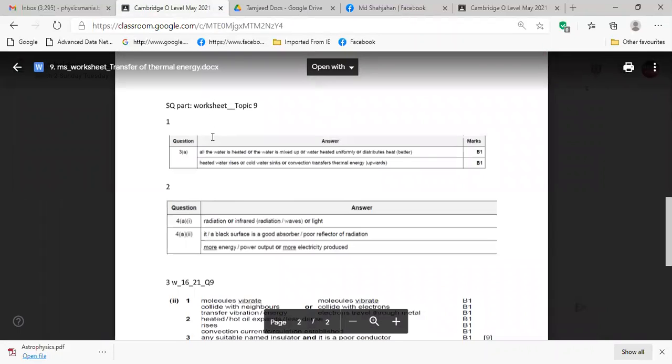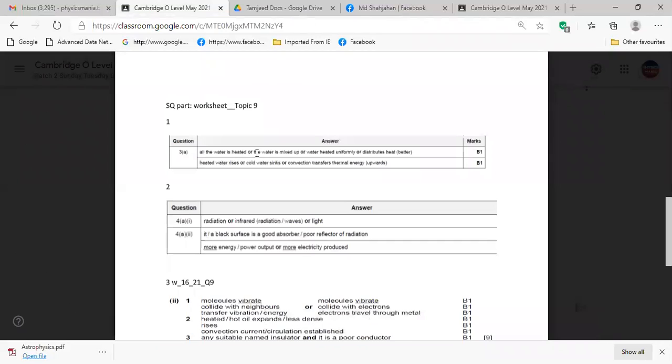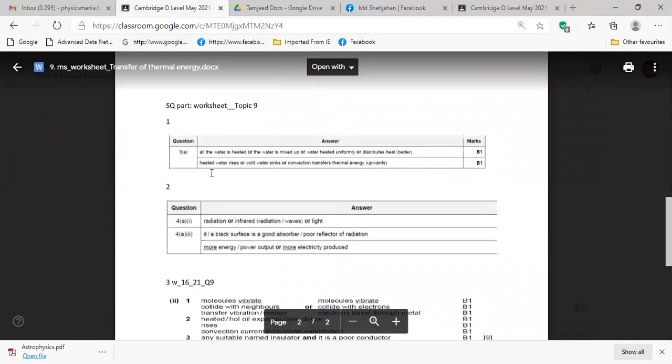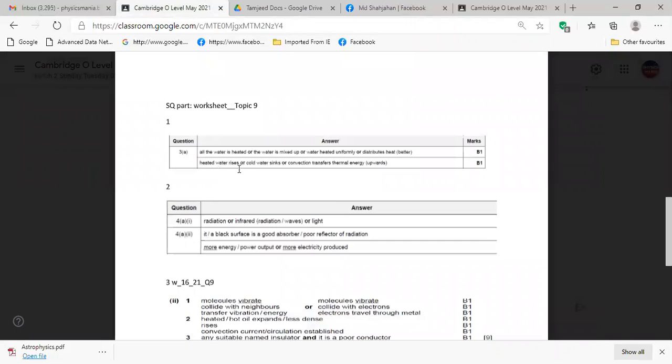Now you check what is written here. For 2 marks, all the water is heated, or the water is mixed up, or water heated uniformly. Then what is written? Heated water rises and cold water sinks. Convection.